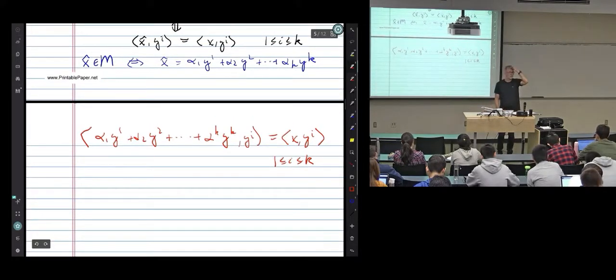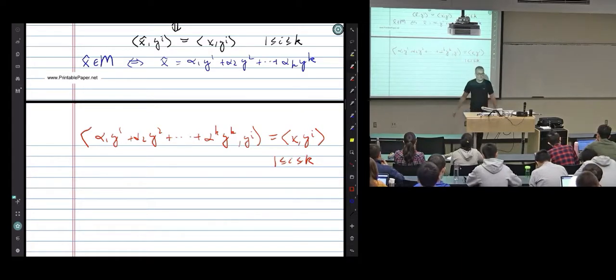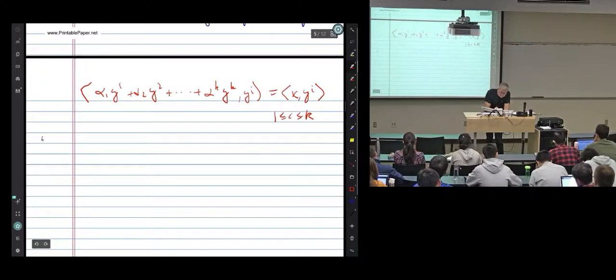Question? No? Okay, so substituting in that x hat is in the span, let's just write down what this gives us. i equals 1, please.